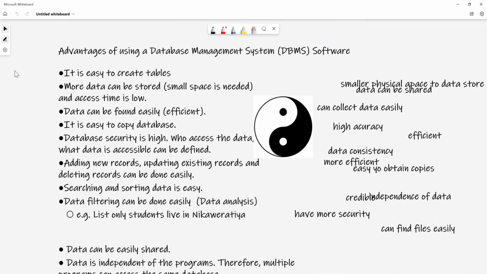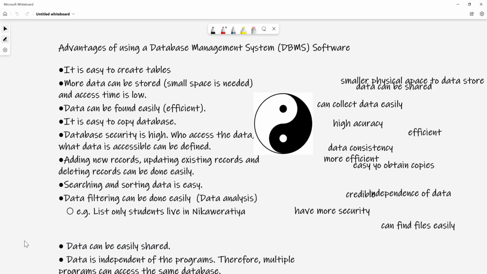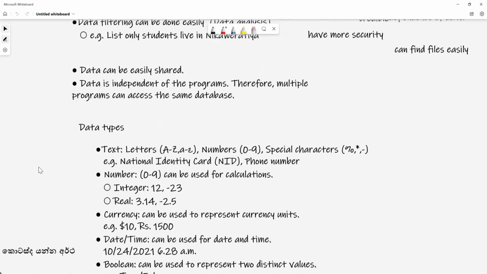In a pen drive, you can keep the library of information. Maybe you can keep all the books in your library in a pen drive. So it's possible. And search and sorting: if you want to search a particular data item, within a fraction of a second, you can do that. So likewise, there are many advantages.